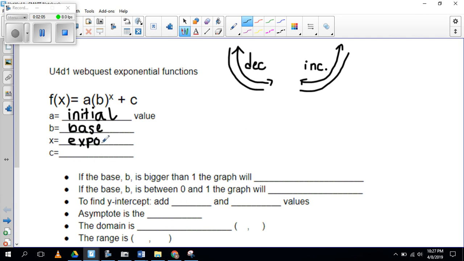So that's your exponent. And then C is going to be your horizontal asymptote.